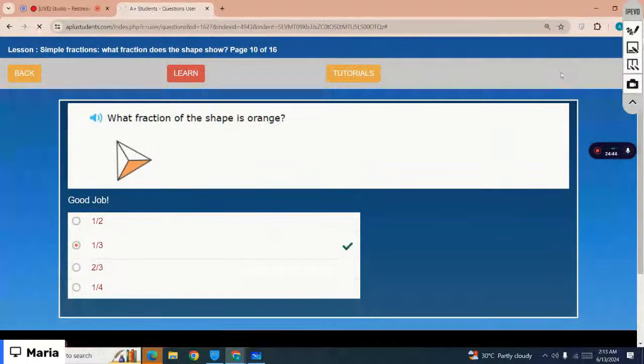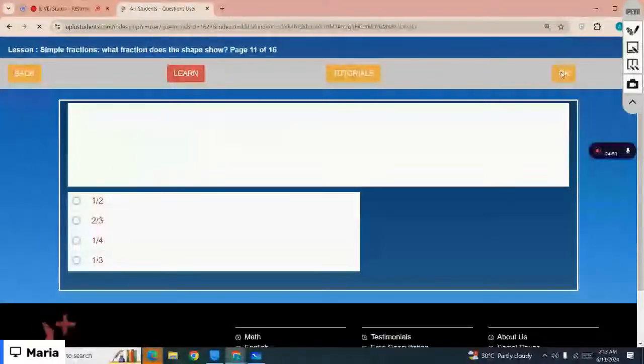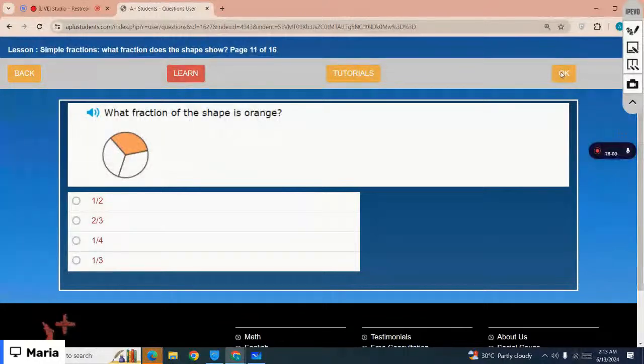What fraction of the shape is... Yes, that is 1 out of 3, the correct option.